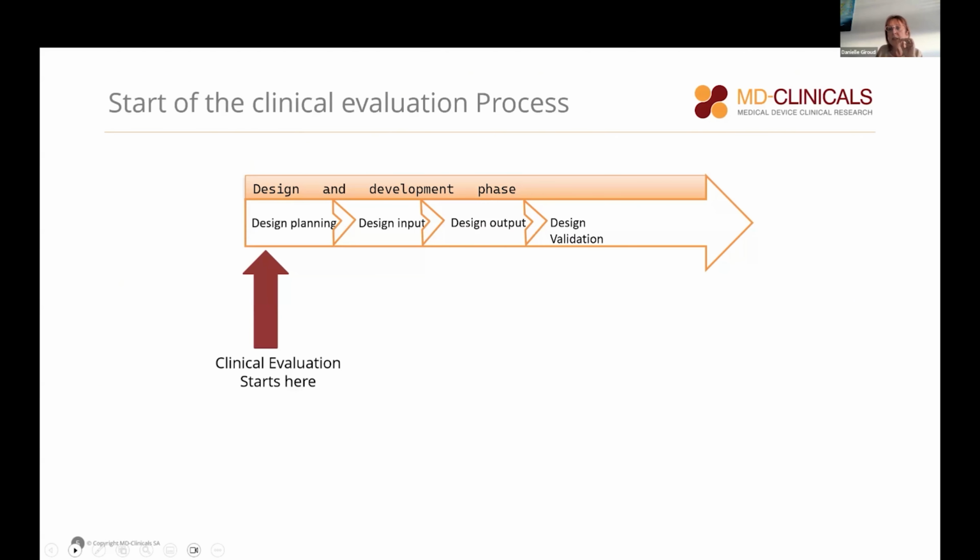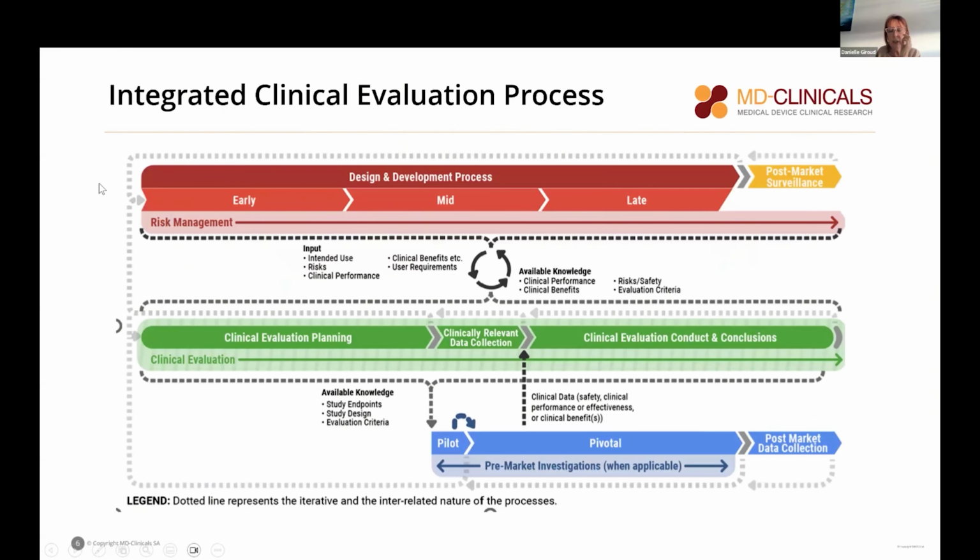So we came up with this nice little drawing that was actually, I gave a very ugly drawing to a designer and he came up with something like this. We think in our standard that there are a lot of people that should work together from the beginning, and that includes the clinical evaluation.